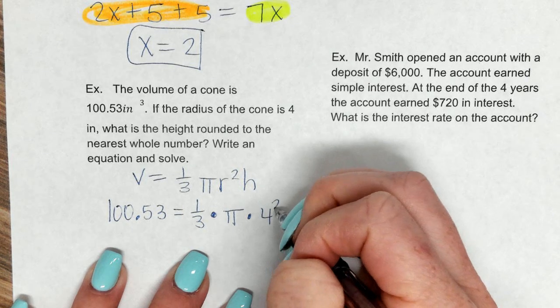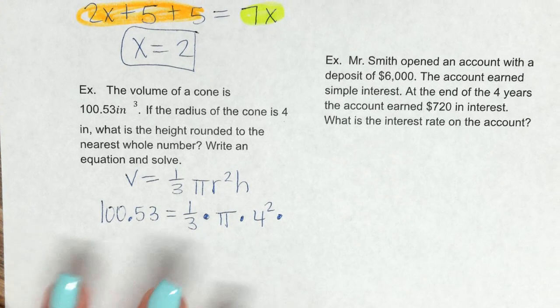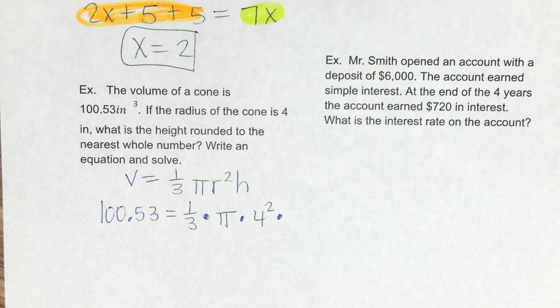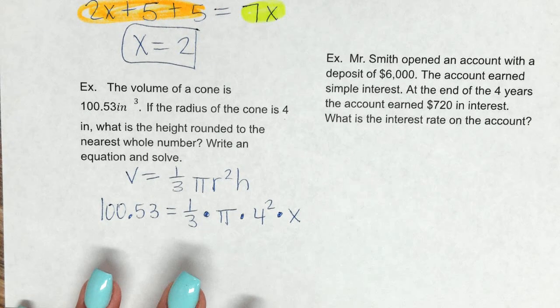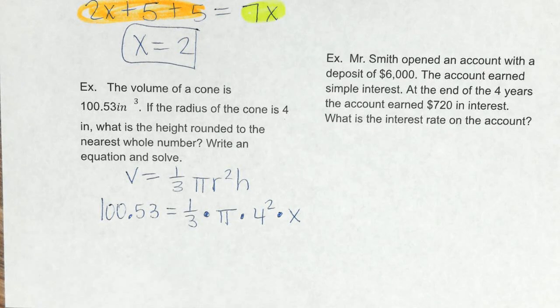So 4 squared times, do we know the height, or is that what it's asking me to find? So can I call that x, because it's my missing part? That is the height. I'm going to call it x because my calculator likes to see an x.